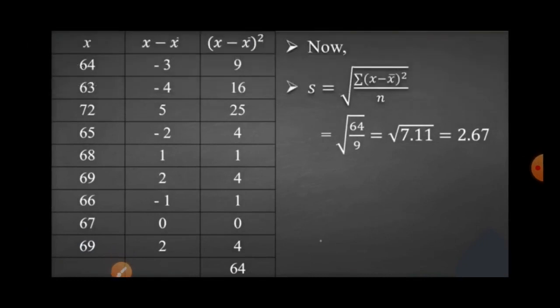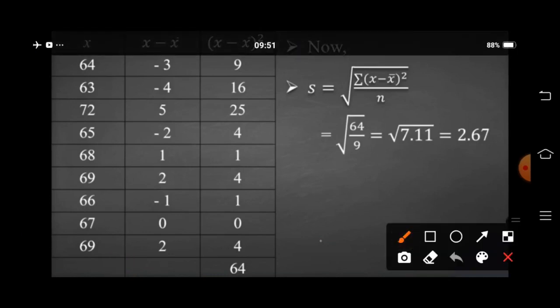Now for finding standard deviation, first make a column x, because here in standard deviation we have to find under root of sigma (x minus x bar) whole square. We have x bar, but we need (x minus x bar) whole square. For that we make columns x minus x bar, then (x minus x bar) whole square, then make a total, then we put it in the formula.